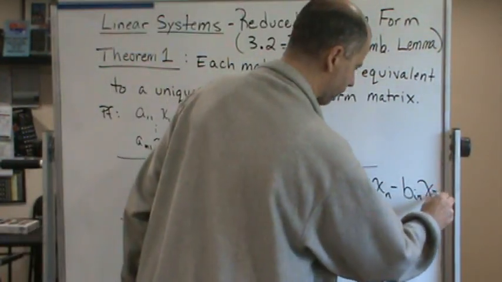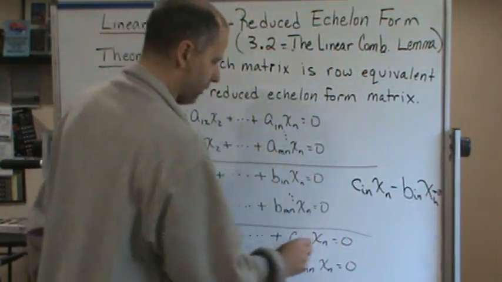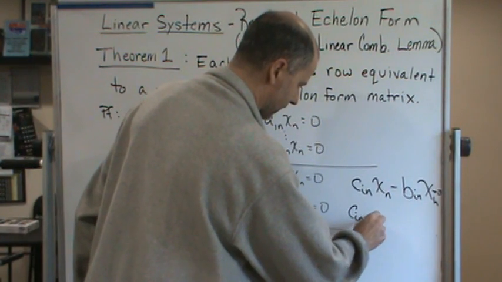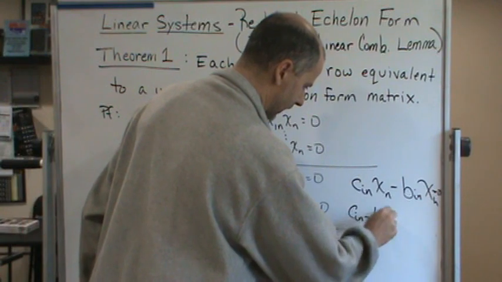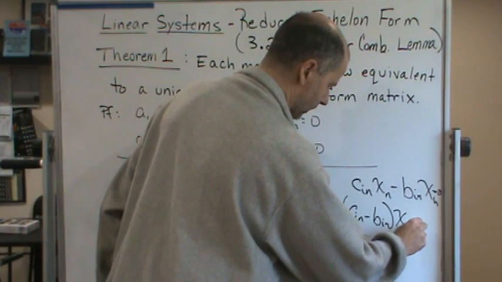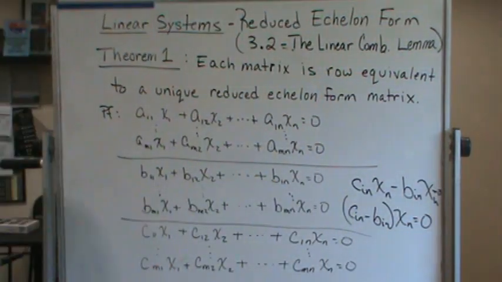Equal to 0. And so we can simplify this and we can get C sub I n minus B sub I n quantity times x sub n equal to 0, right? So that's what will happen.